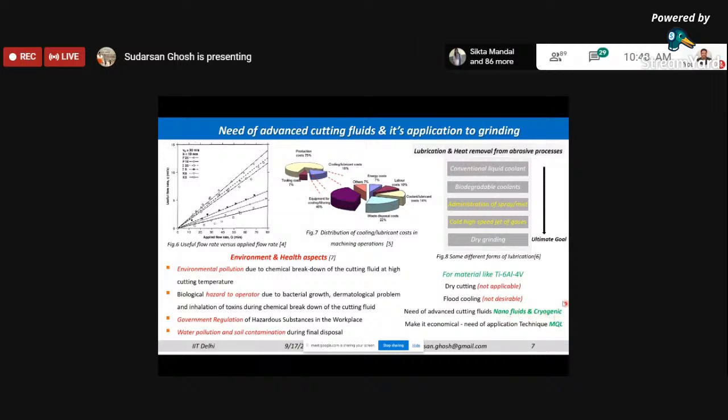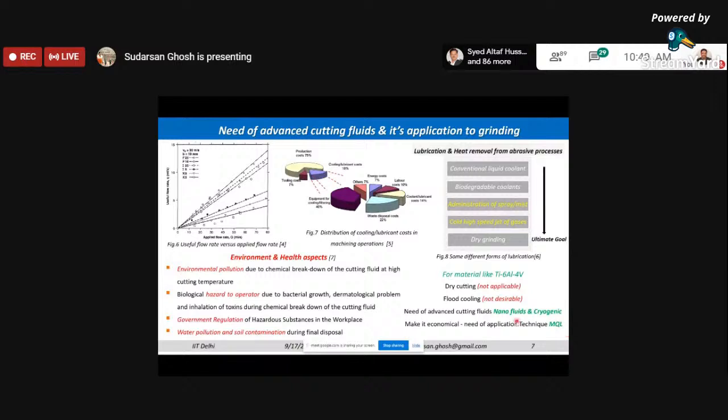We have seen that cryogenic fluids can also help in minimizing some of the issues related to the conventional metalworking fluids. So both nanofluids as well as the cryogen can be a good and viable option for replacing the conventional metalworking fluids.